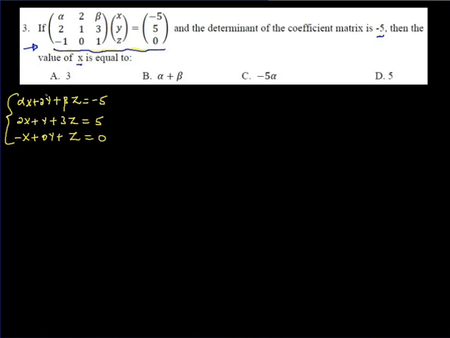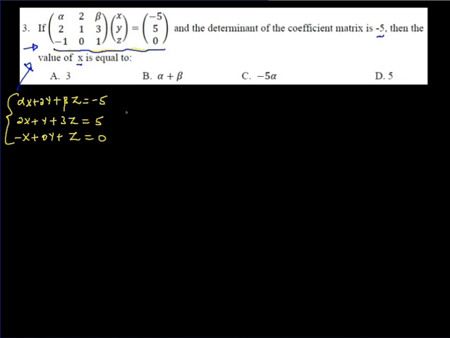So this system of linear equations is given in the form of a matrix here in this problem. The given matrix is equivalent to this system of linear equations. Now, in this question, the determinant of the coefficient matrix is -5.